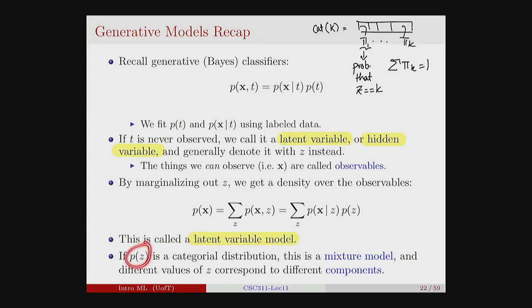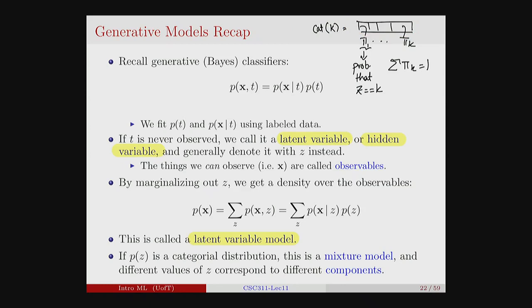Okay, so this is a latent variable model. If P of z is assumed to be a categorical distribution, then this latent variable model has a specific name. It's called a mixture model. Different values of z are going to correspond to different components. Remember from your probability classes, a categorical distribution can be represented by a vector of size k.